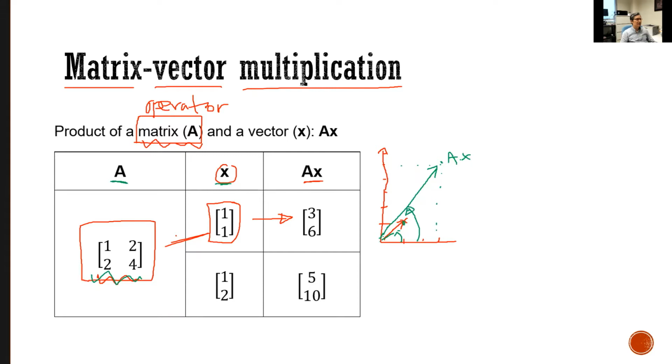So in that case, matrix A is a transformation which rotates the data point and also stretches its distance to the origin. Okay, so that's what A means. That's what I want you to remember.